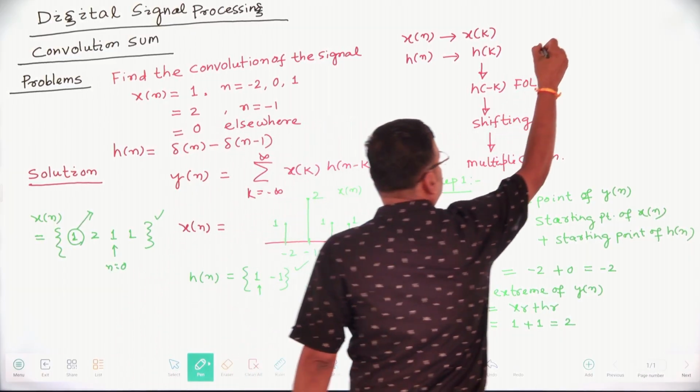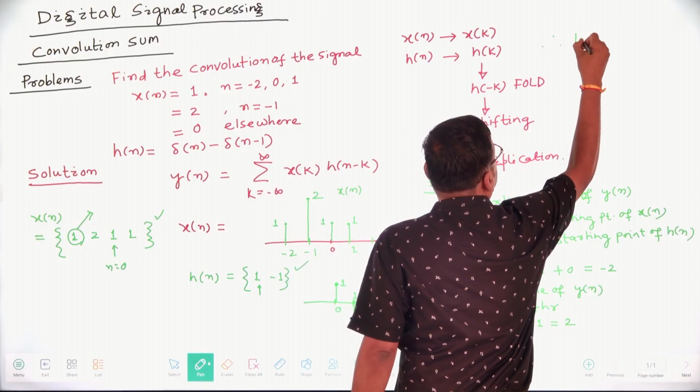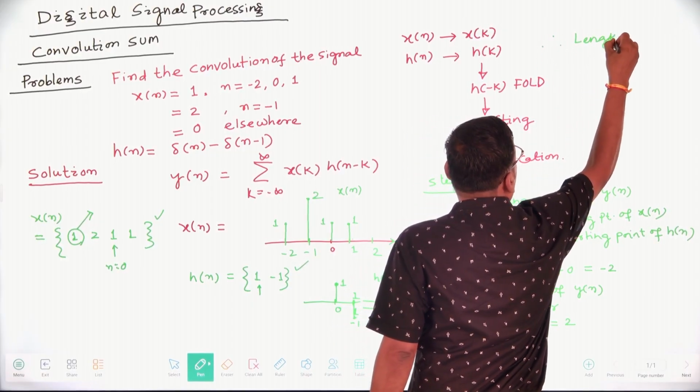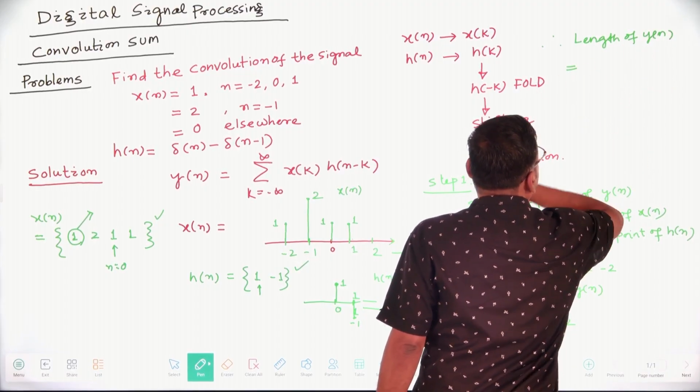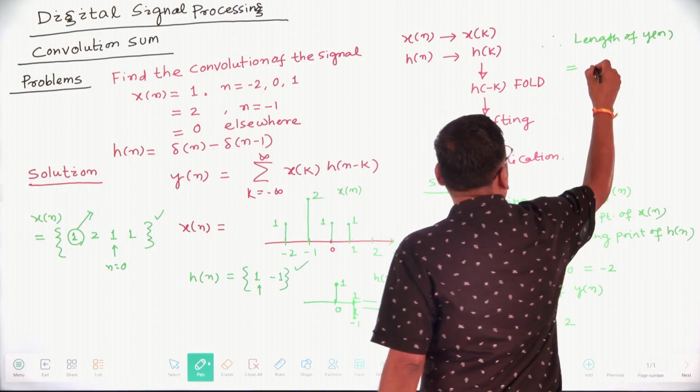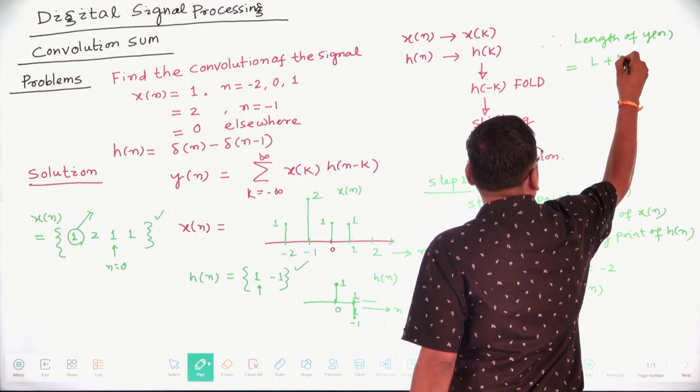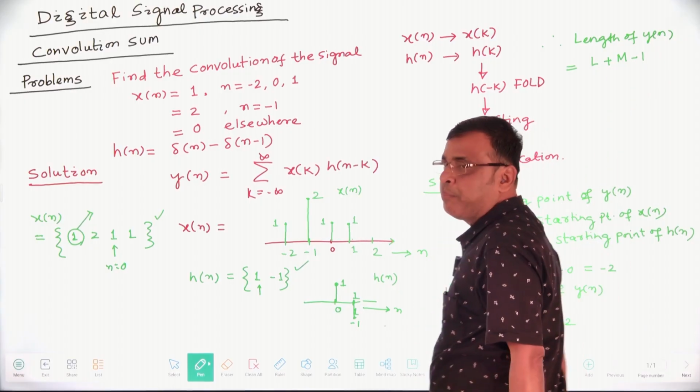Therefore, the length of y of n is nothing but L plus M minus 1.